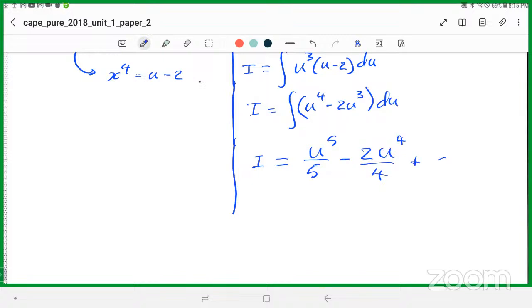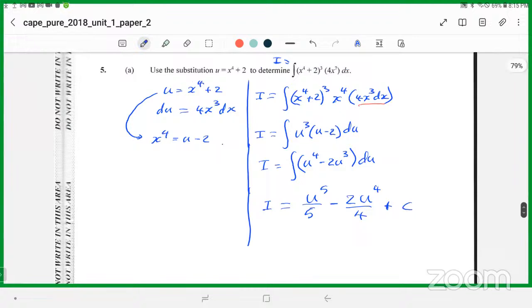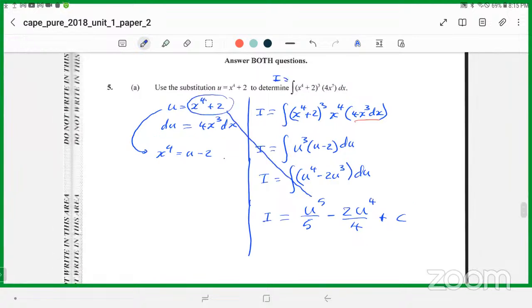Don't forget your c or k. Then it's a matter of substituting back for the u here and there. So first one is here, and next one is there, for the u.